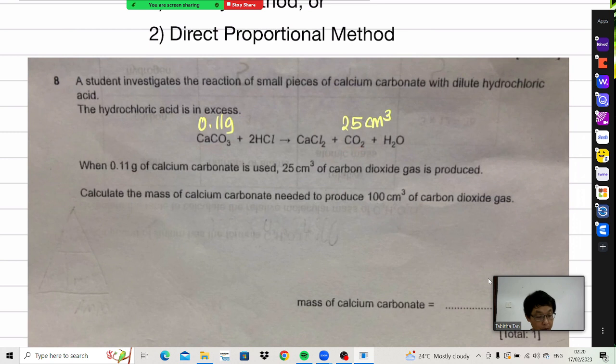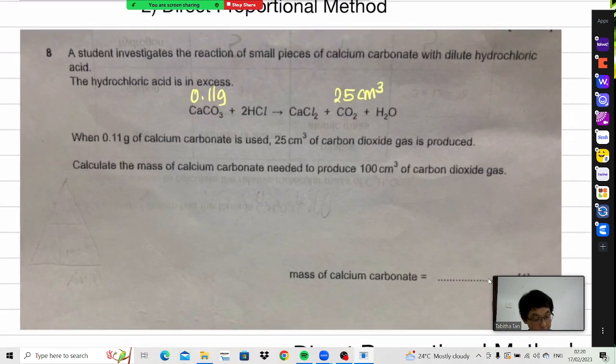See, I just put it there instead of writing the title like that. Now let's look at what they ask. Calculate the mass of calcium carbonate. That means this is the question: how many gram, and you can put a question mark or choose whatever letter, as long as you know that is the thing you're looking for.